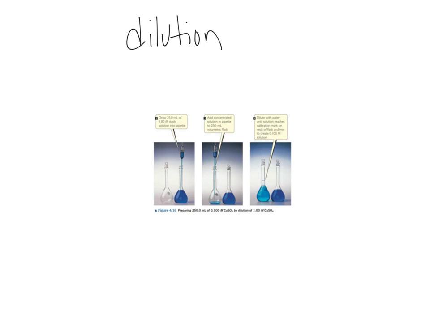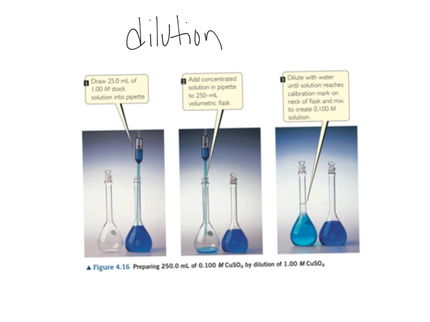And that means, let's make this picture bigger, that we'll have a solution that's concentrated, and we'll take a little bit of it out and put it in another flask, and then we'll add water until we get to a new volume, and this second solution will be less concentrated, but it will be of a specific concentration. We can take some of the concentrated out, put it in here, add water, and we make a less concentrated solution. So that's what we're going to do in the next problem.